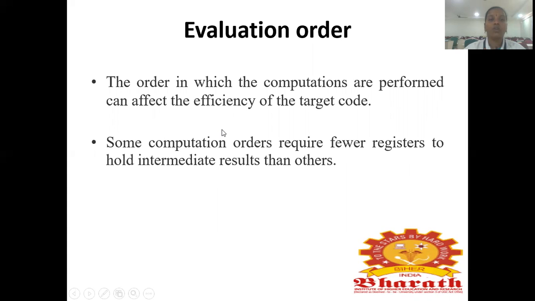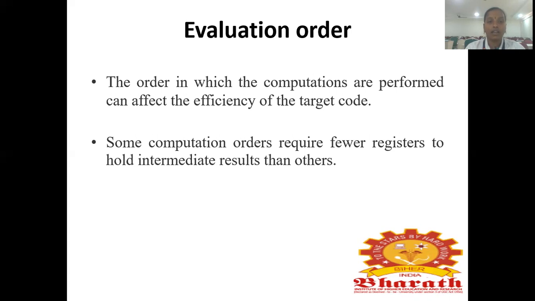Next one is evaluation order. This order in which computations are performed can affect the efficiency of the target code. First, the lexical analyzer removes unwanted lines and unwanted code. Next, all the syntax, variables and data types are checked. Third, mismatched variables and mismatched data are reduced.